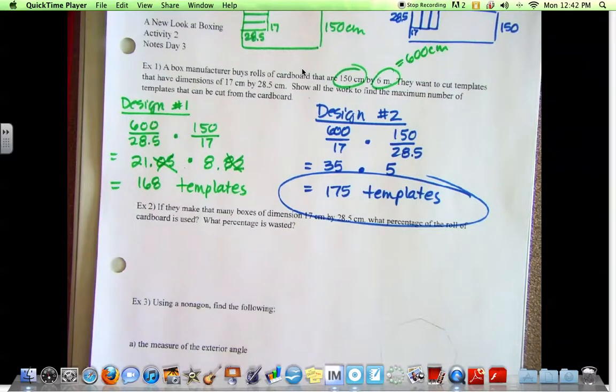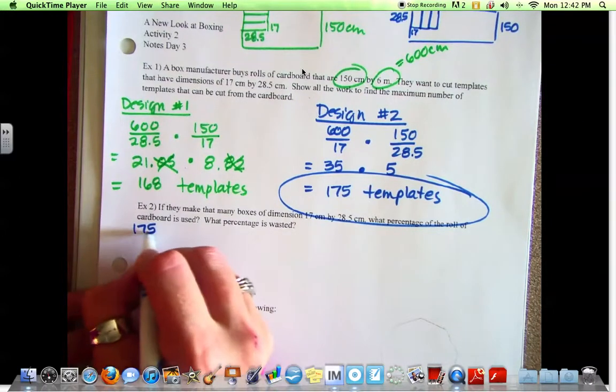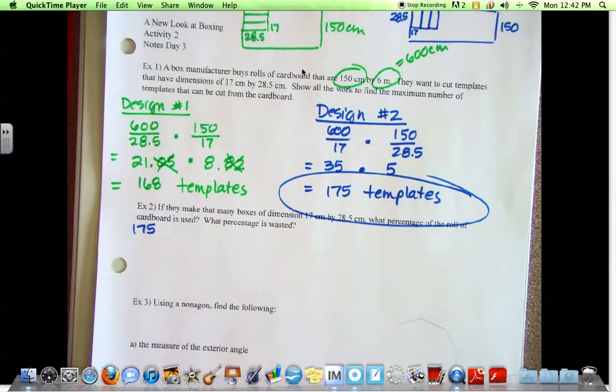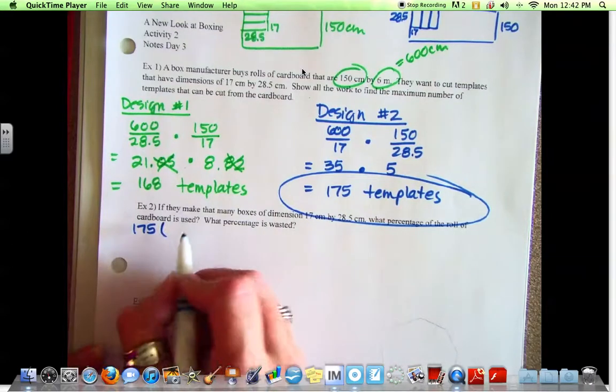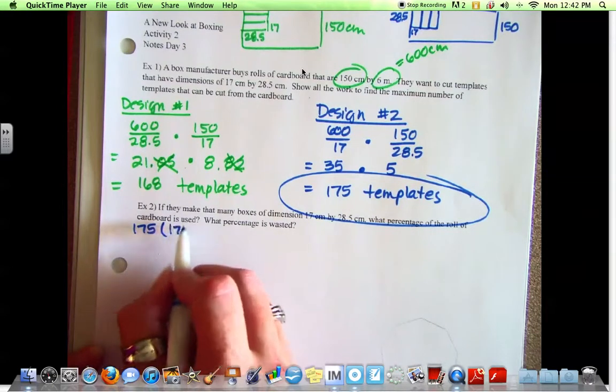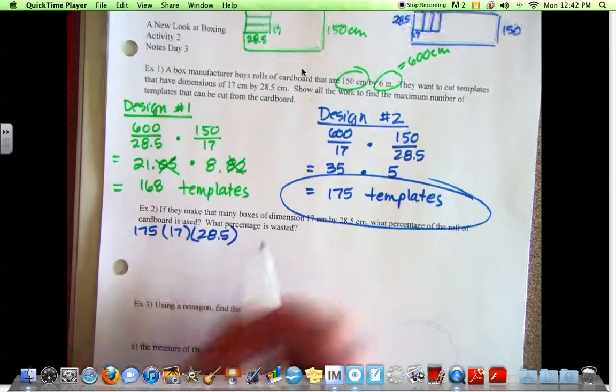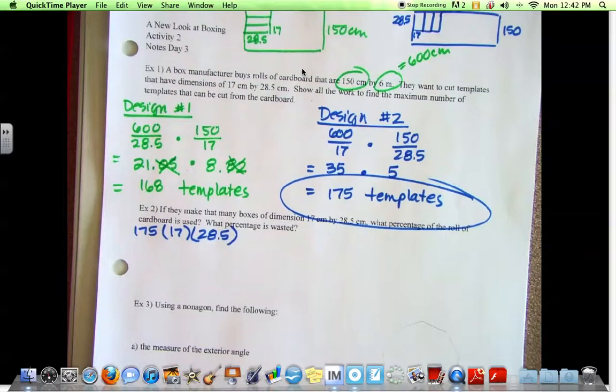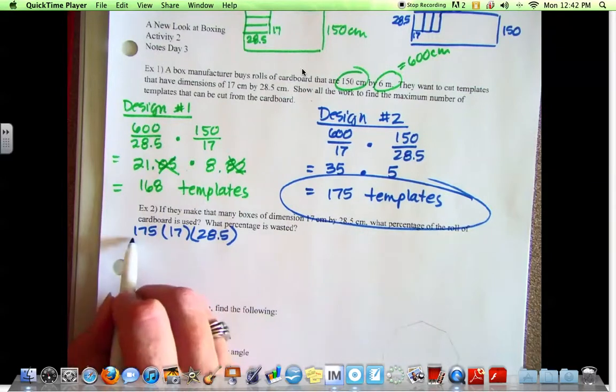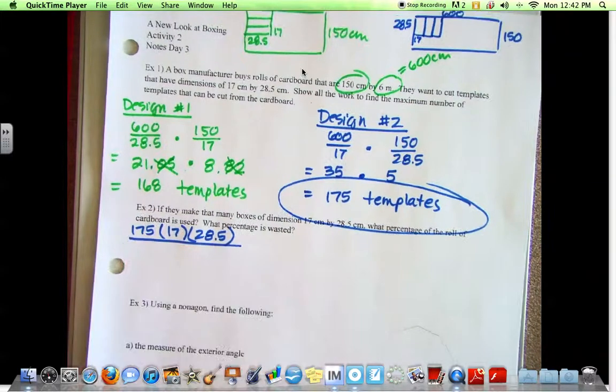So we have 175 boxes that are 17 by 28.5. And we're going to take the area that's being used for that and divide it by what?